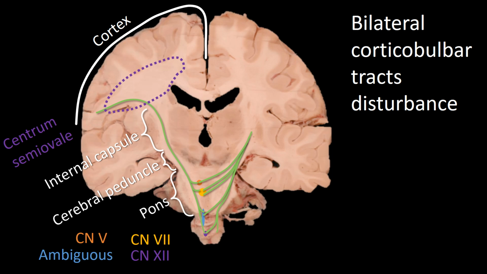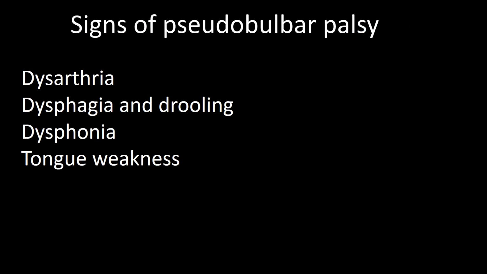Pseudobulbar palsy is due to an upper motor lesion caused by bilateral disturbances of the fibers innervating these nuclei. Thus, a bilateral lesion in the corticobulbar tract anywhere from the cortex to the pons produces pseudobulbar palsy. Hence, muscles innervated from the medulla are often affected, producing dysarthria, dysphagia, drooling, dysphonia, and tongue weakness.